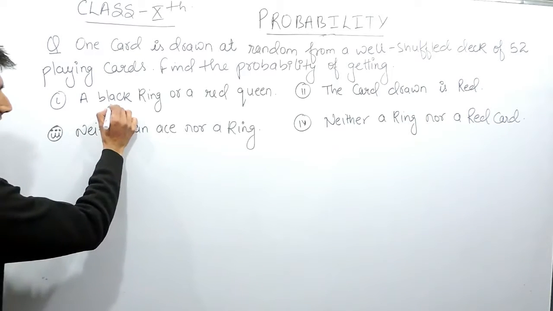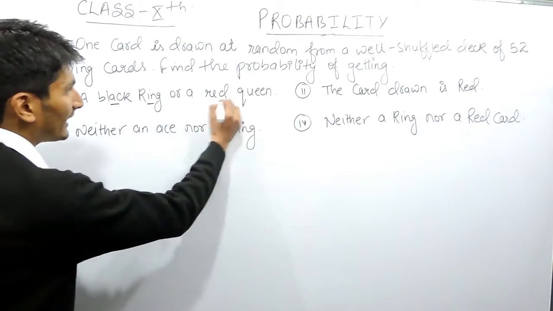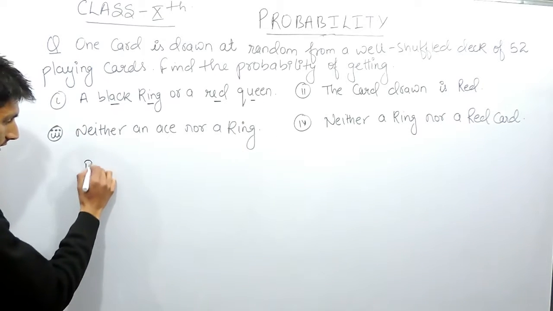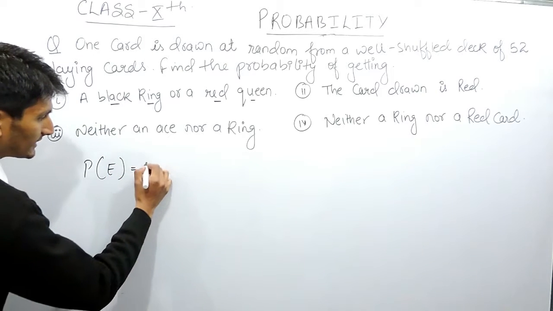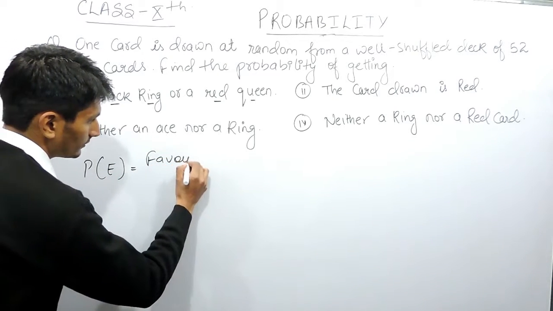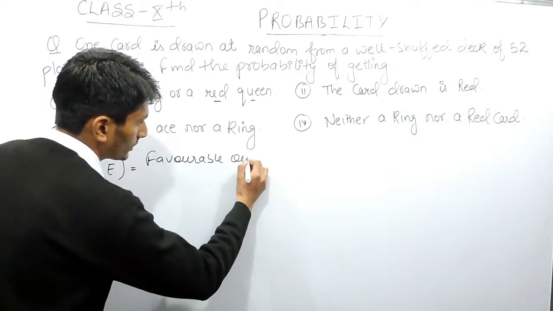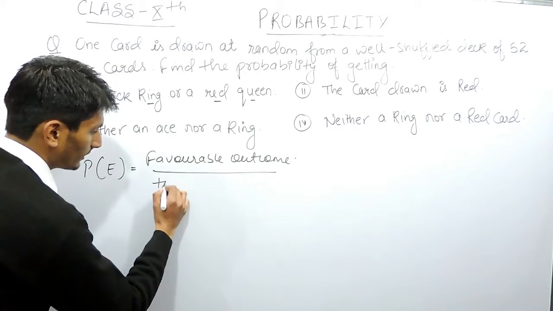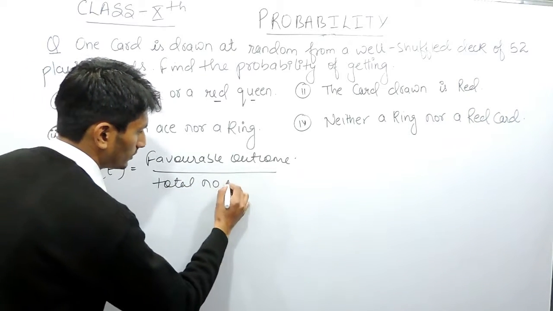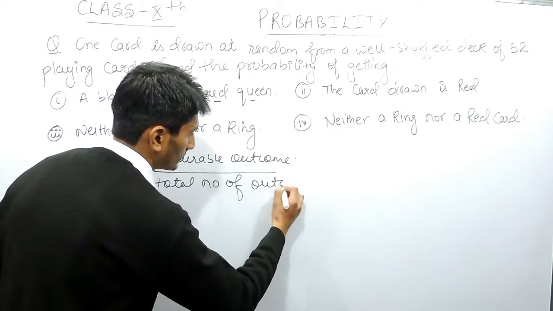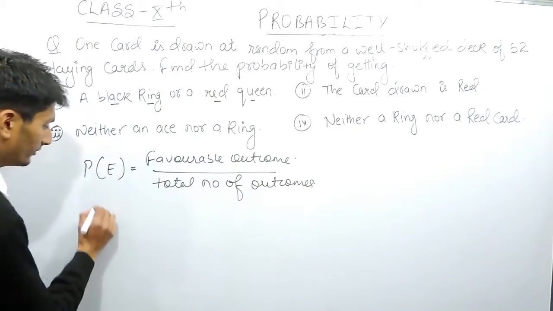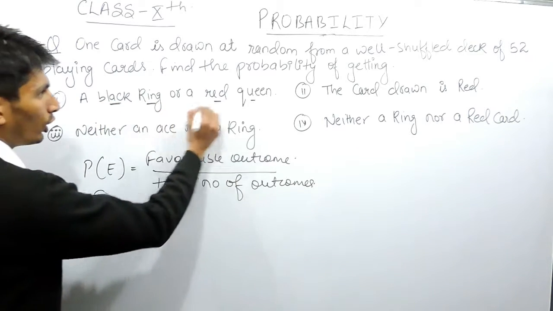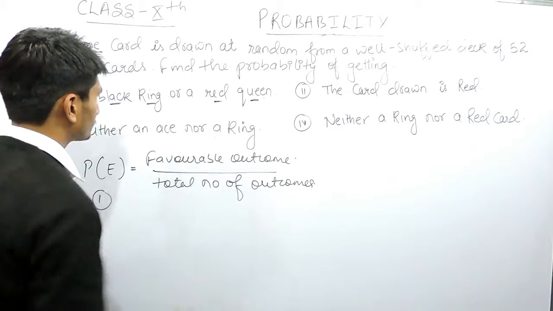And if you want to find the probability of a black king or a red queen, first of all, the probability of an event is equal to favorable outcomes divided by total number of outcomes.